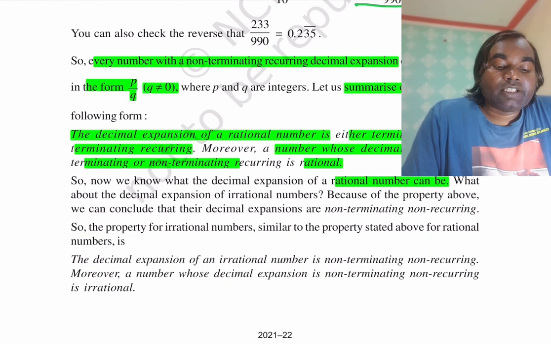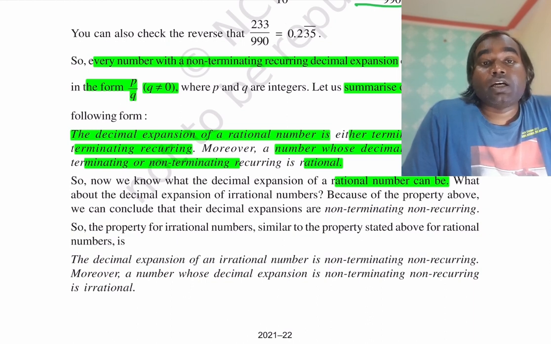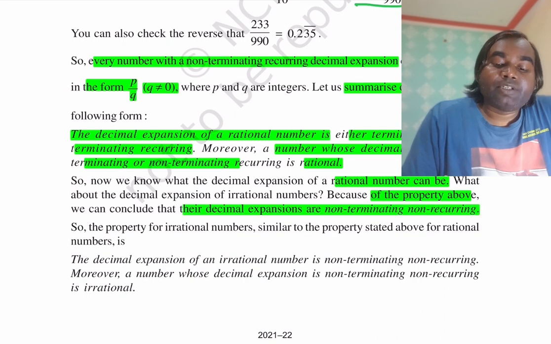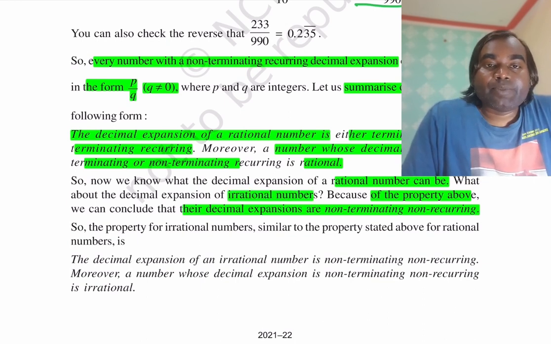What about the decimal expansion of irrational numbers? Now we will find how an irrational number can be expressed in terms of decimals. Because of the property above, we conclude that their decimal expansions are non-terminating, non-recurring.